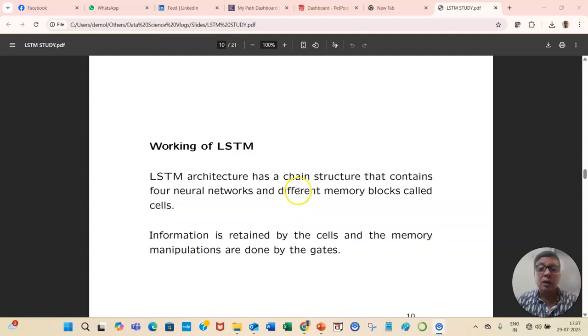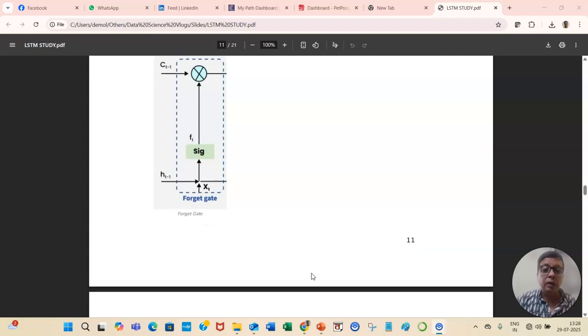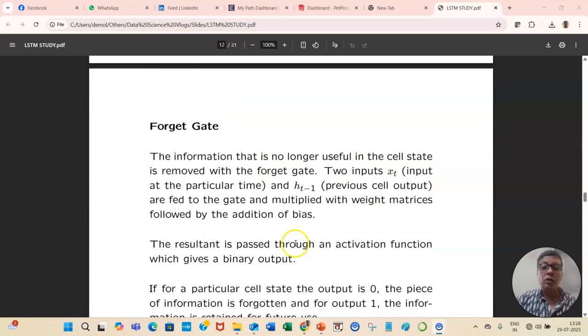LSTM architecture has a chain structure that contains four neural networks and different memory blocks called cells. Information is retained by the cells and the memory manipulations are done by the gates. We start with the forget gate. The information that is no longer useful in the cell state is removed with the forget gate.